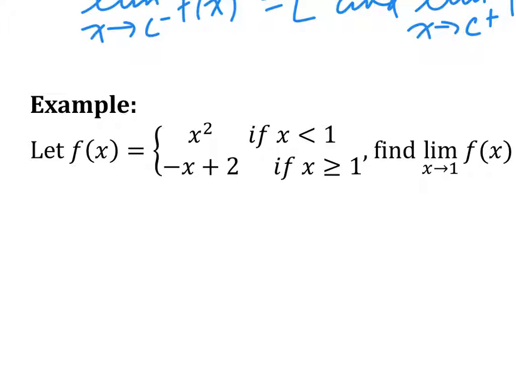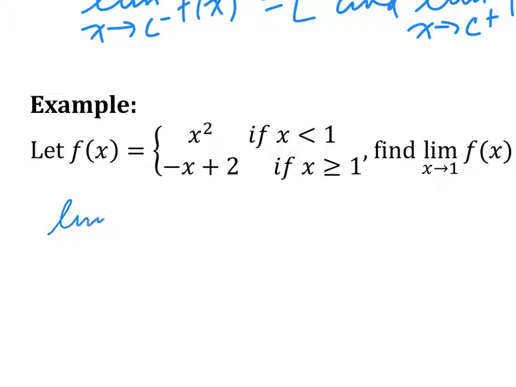You have to prove by your limit theorem. Remember, your limit theorem says the limit as x goes to that number is whatever limit it is if both sides go to the same number. Therefore, if we want to show what the limit as x goes to 1 is, we need to figure out what's going on from both sides of 1.